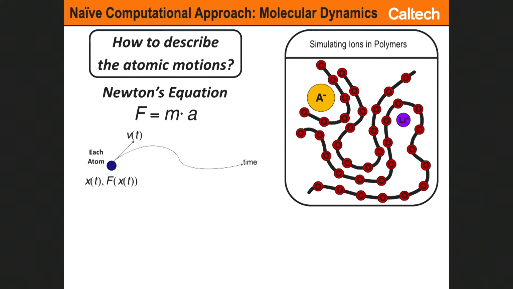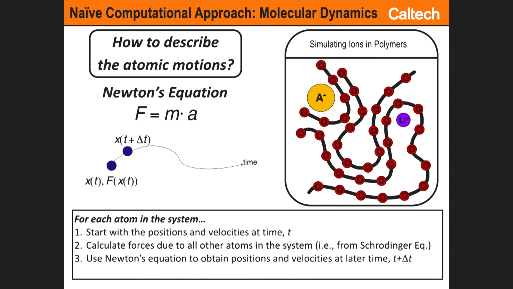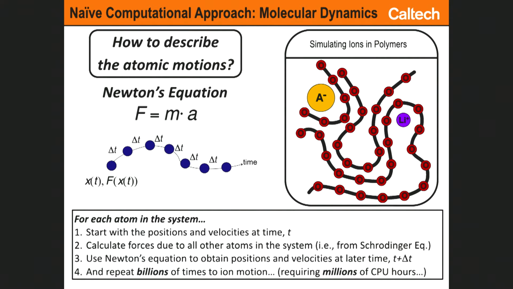All we do computationally in this naive approach is simply integrate Newton's equations of motion by taking the configurations of the system at a given position in time, evaluating their forces, finding where they will go at a subsequent time, and then iterating this process to generate a trajectory for the overall system, to actually simulate the motion of those ions and of the polymers as a function of time.